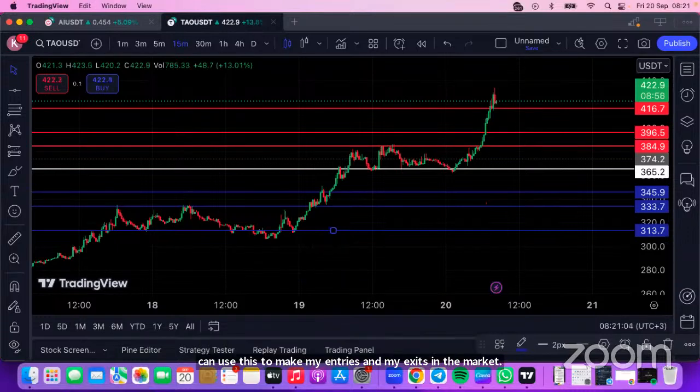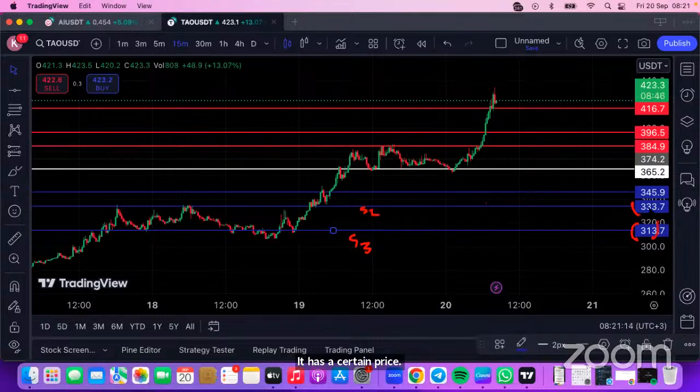So if this was support 3, it has a certain price. If this was support 2, it has a certain price. If this was support 1, it has a certain price. If this was pivot, a certain price.